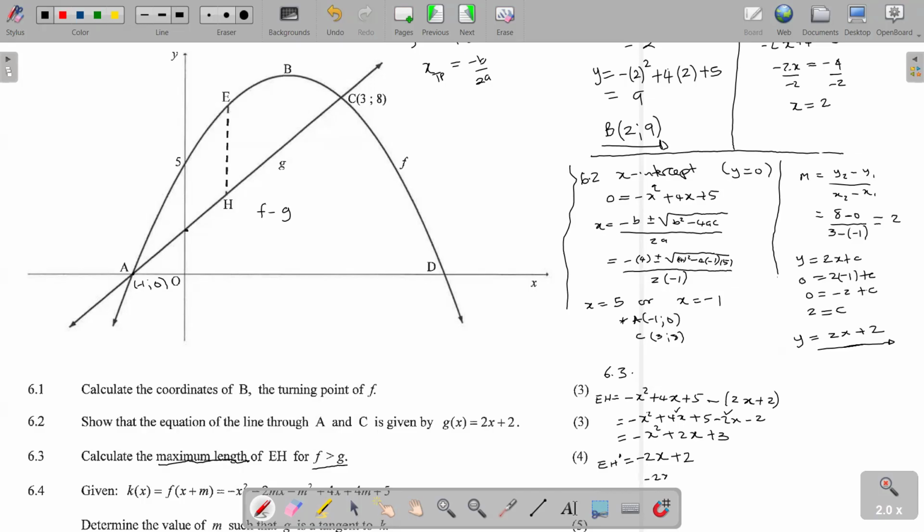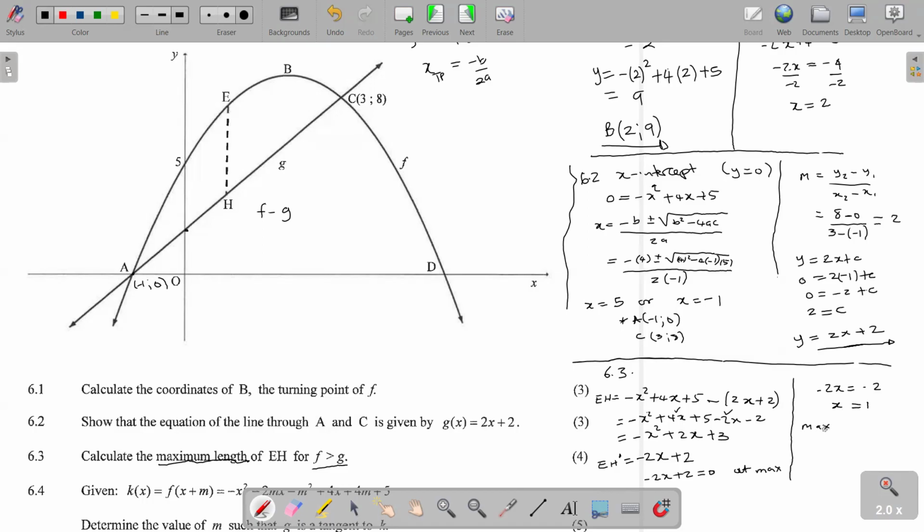So minus 2x plus 2 equal to 0. Where is it equal to 0? It's at maximum. So if we solve that, we are going to have the negative 2x being equal to negative 2. So the x here is equal to 1 after dividing both sides by negative 2.